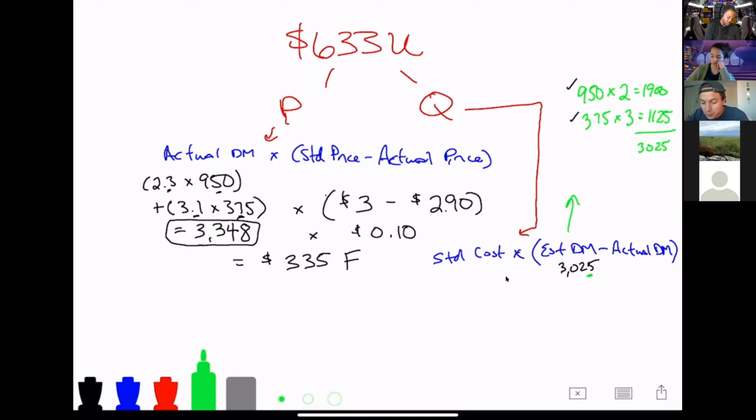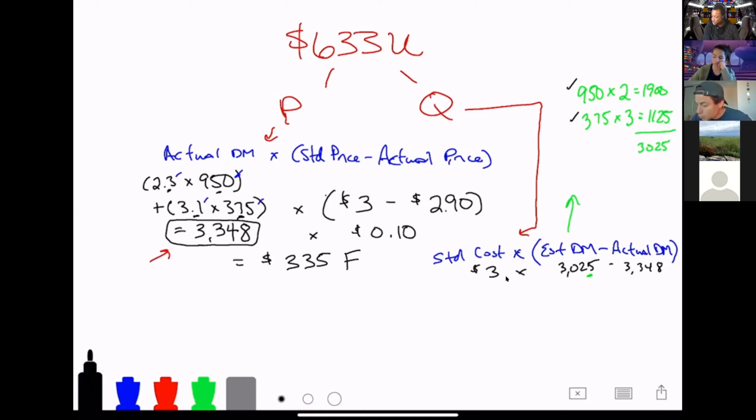But we actually used, as we already calculated over here, 3,348 wheels. That was the 950 times the 2.3 plus the 375 times the 3.1. And our standard cost is $3.